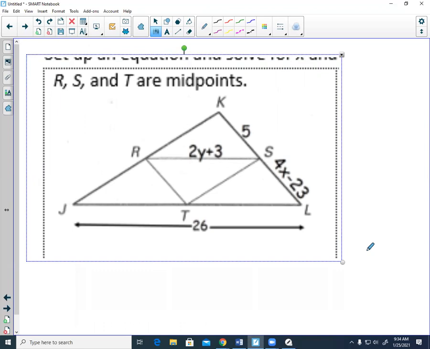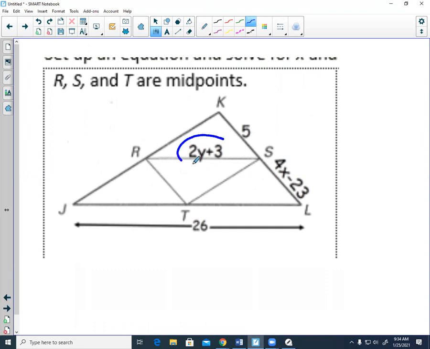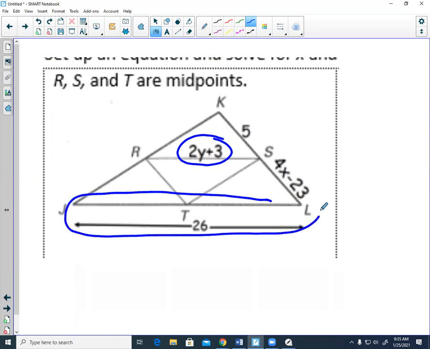Now, if you think about this, we know that this side right here is a midsegment, right? And a midsegment is half of the side that goes with it, right? So that means that 2y plus 3 is equal to half of 26. Does that make sense how I came up with that?